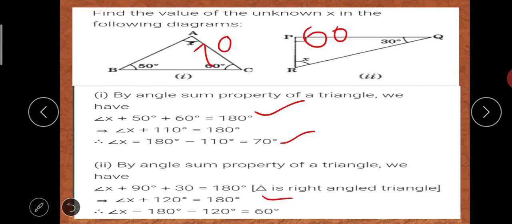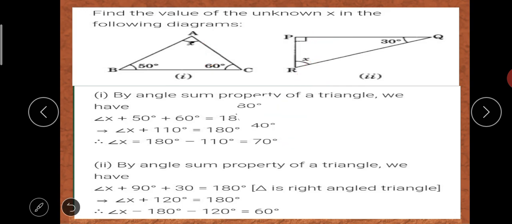Now again just do the addition of these numbers. 30 plus 60, 90. 90 plus 90, it is 180. Here it is 90 and here it is 60. So 30 plus 60 plus 90 is again 180. So here also we got the same property.